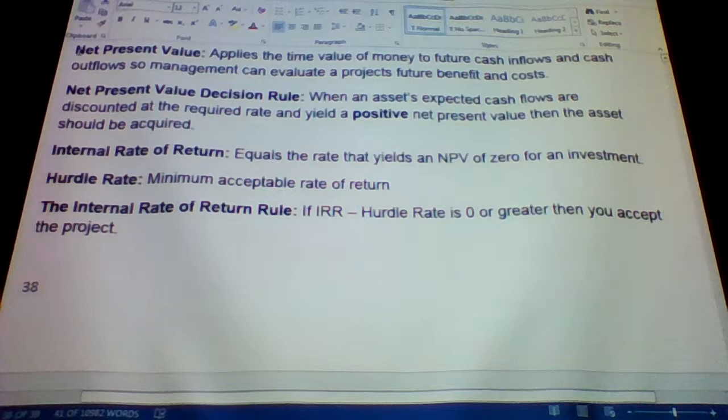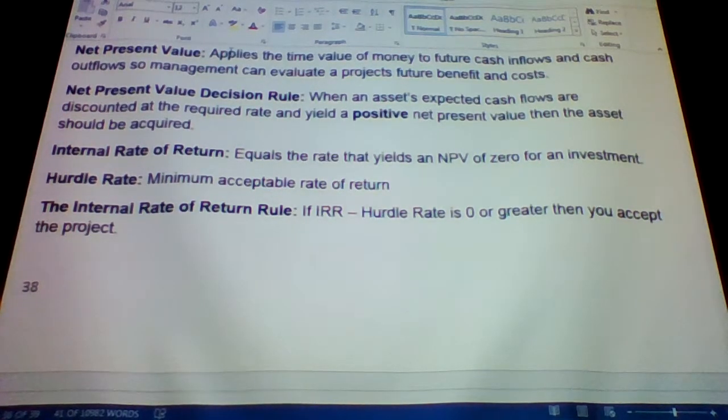Net present value applies the time value of money to future cash inflows and cash outflows, so management can evaluate a project's future benefit and costs.